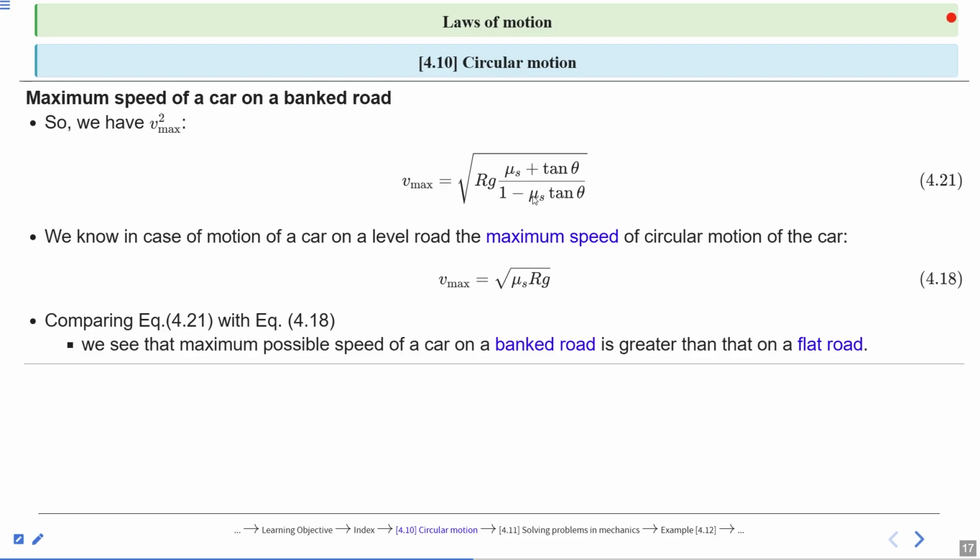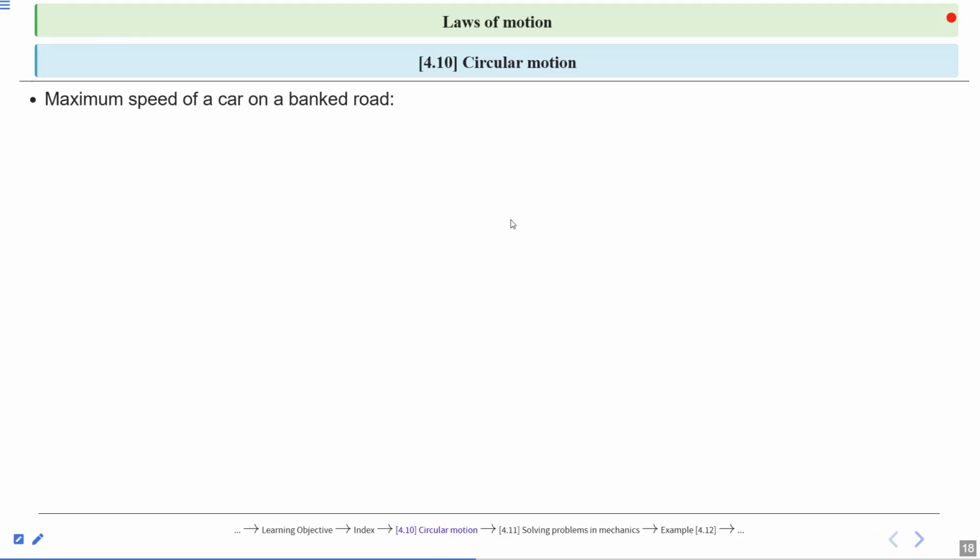So we can say the maximum possible speed of a car on a bank road is greater than on a flat road. So the maximum speed on a bank road is V max equal to under root Rg (mu s plus tan theta) divided by (1 minus mu s tan theta).